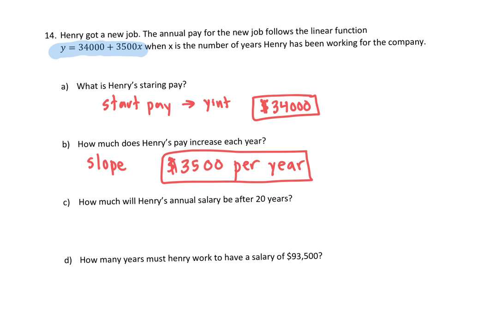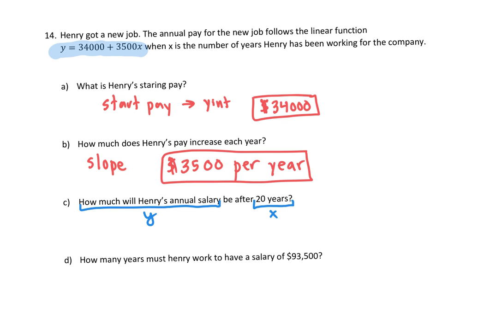Now, the next questions are a little bit harder. It says, how much will Henry's annual salary be after 20 years? When I have a problem like this, I like to say, okay, how much is his annual salary? That's my y value. After 20 years is my x value. So I like to decide what is my y value versus my x value that I'm trying to find.